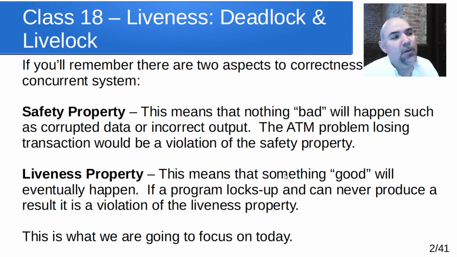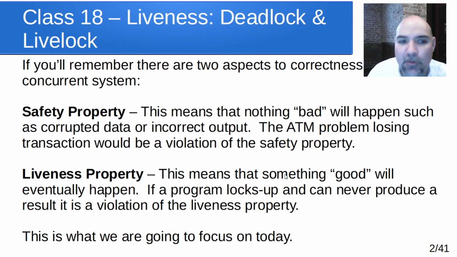If you'll remember from back in those early lectures, there are two aspects to the correctness of a concurrent system. The first one is the safety property, and that means that nothing bad will happen, such as data being corrupted or an incorrect output.